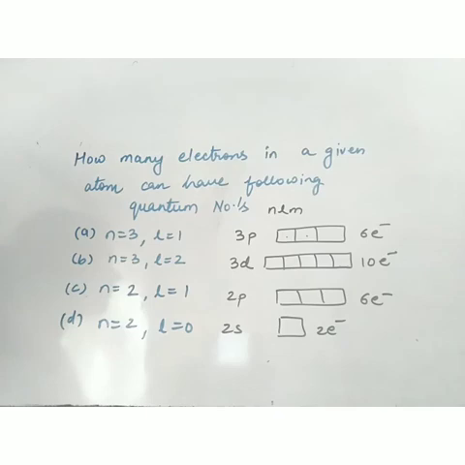And the last quantum number shows the orientation of the electron, whether it is revolving in a clockwise or anti-clockwise direction. One orbital can accommodate only 2 electrons, one moving clockwise and one moving anti-clockwise. So this was all about your quantum numbers, and we have solved some questions based on the concept of quantum numbers. Thank you.